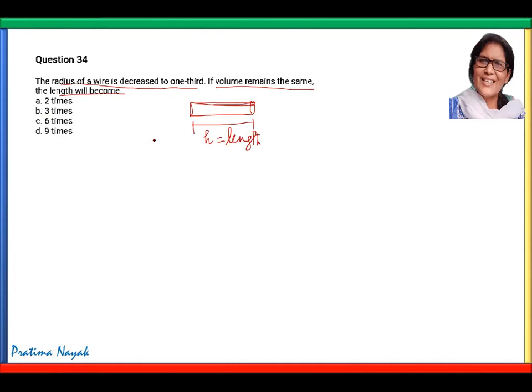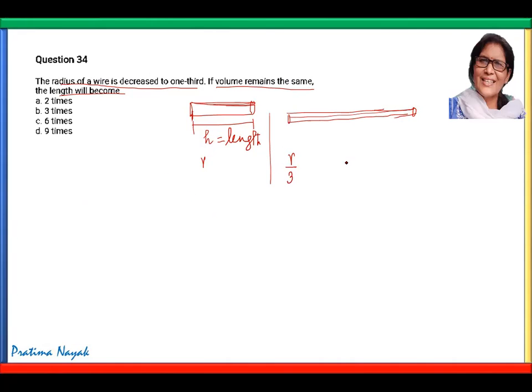The question is, radius decreased to 1/3. If originally it was r, after changing it becomes r by 3. And the volume remains the same in both cases. So certainly when r by 3 is there, it will be longer, the height will be more.